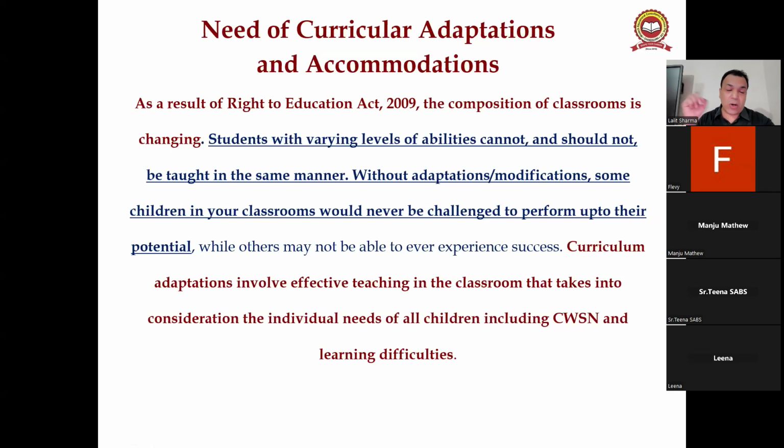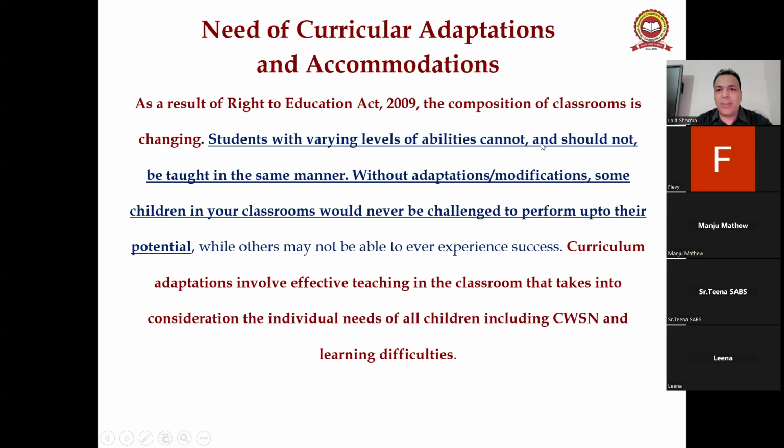If you do not go according to the act, you can be punished by the court if you violate it. So when the act came, everybody was aware of that, right? So the composition of a classroom is changing.